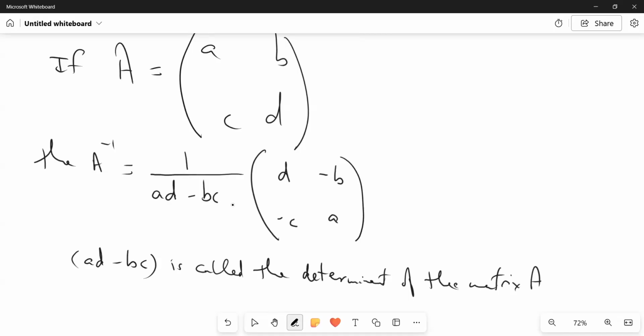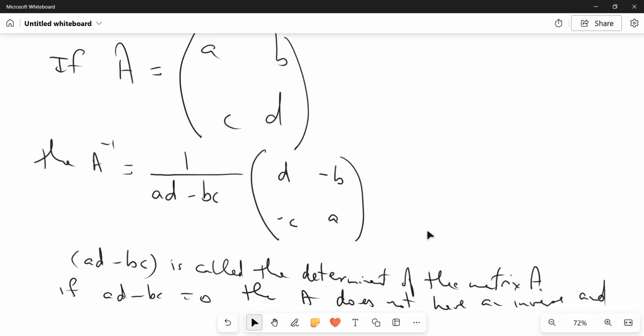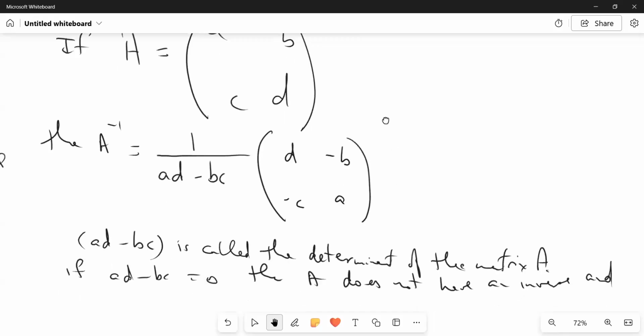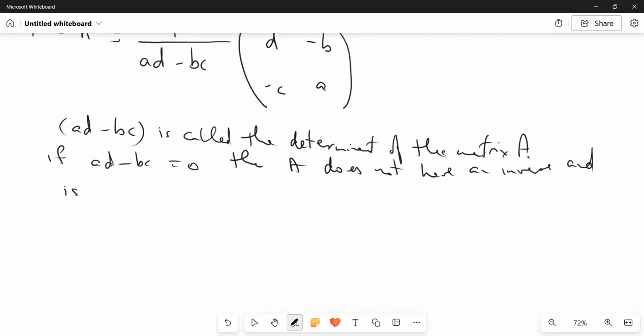Because if AD minus BC equals 0, well, you have 1 over 0, which is undefined, then A does not have an inverse and is said to be a singular matrix, right?